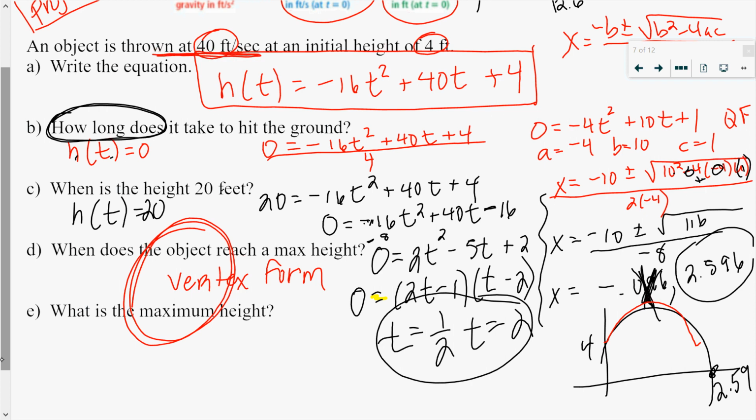Maybe 2 now. So you're going to remember, when does the object reach max height? That's h equals negative b over 2a. So that's your vertex. What is the max height? That's your k. We're plugging h in.